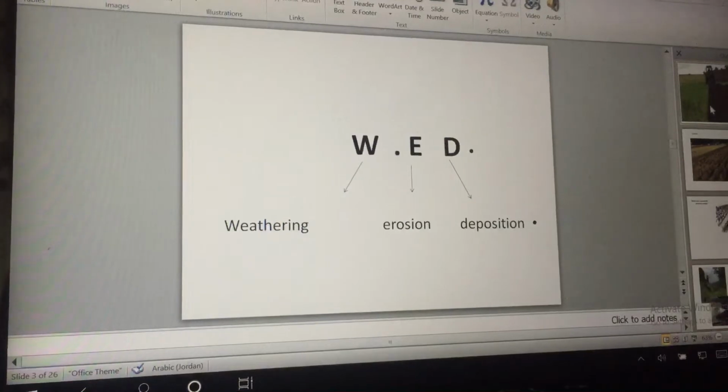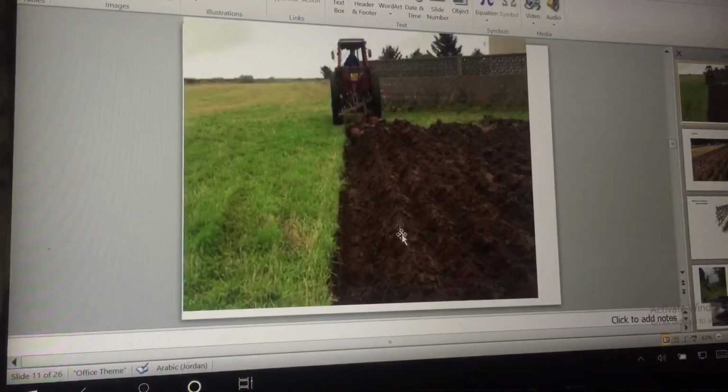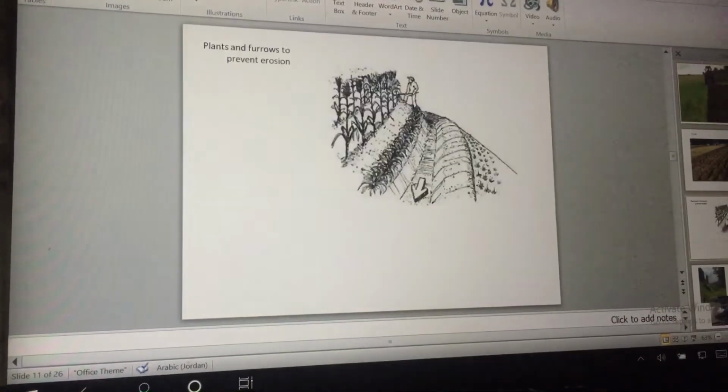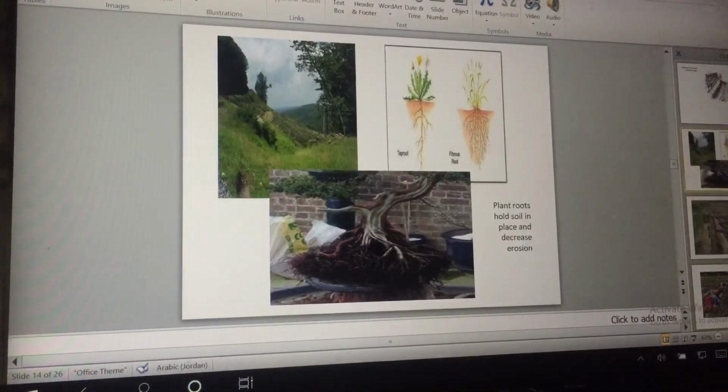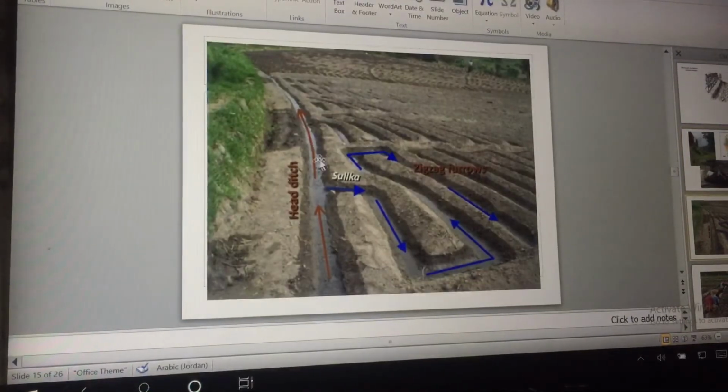Look here at how farmers plow furrows, plow channels with a plow. Why? To minimize and prevent soil erosion. Imagine, guys, when it rains and we have a lot of water, the water will move in between these furrows.